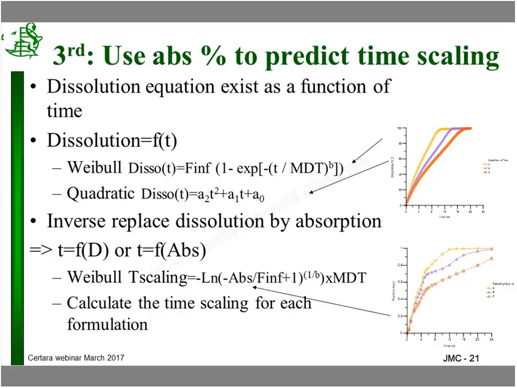So I have times in vivo which are fixed by my sampling schedule, and I am going to put in relation all the times in vitro which are going to give exactly the same percentage dissolved. So I have used an inverse function, and I gave you here the inverse of the Weibull function.